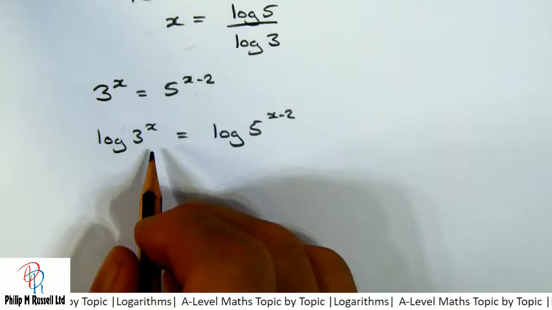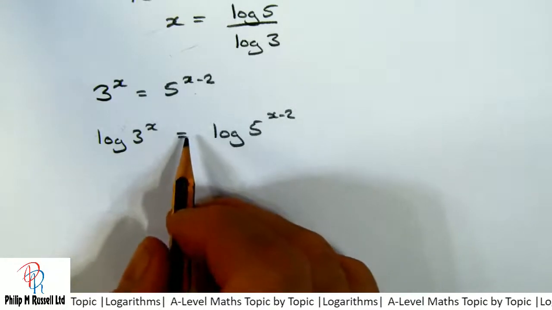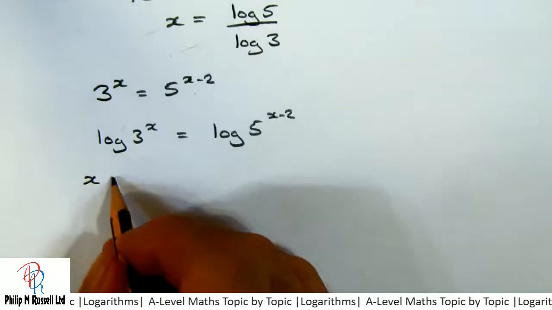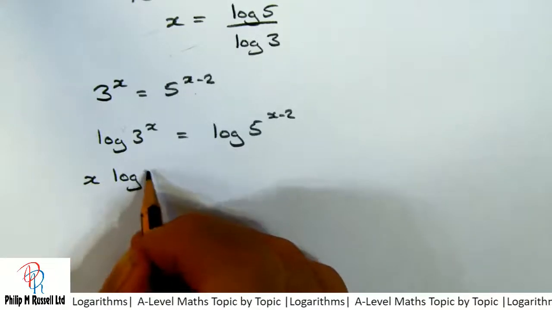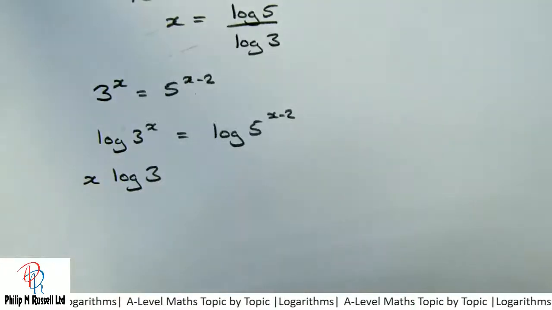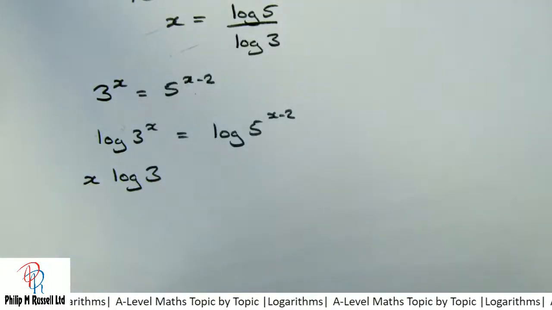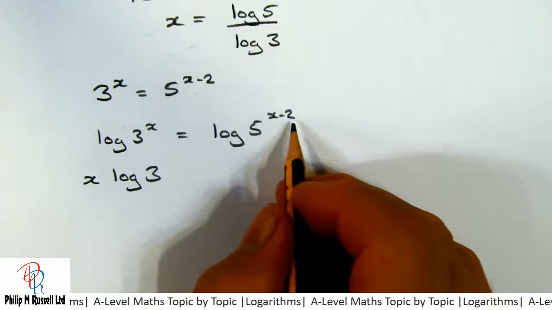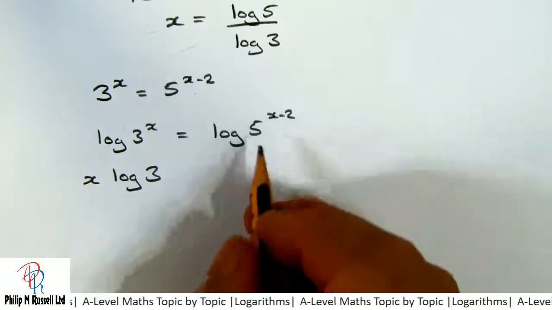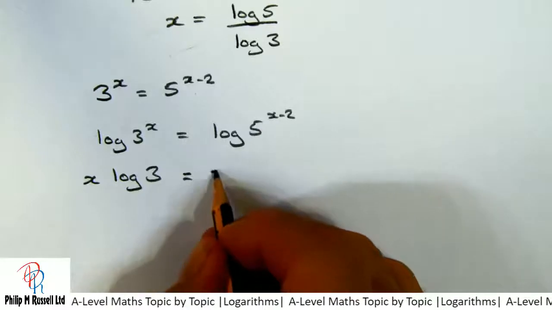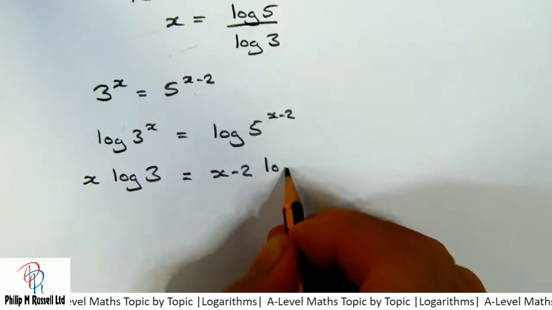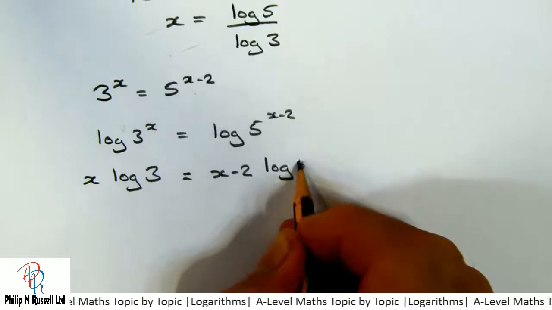Now, using the rules of logs, I know that that's going to be x times log of 3, and this one is going to be x minus 2 times the log of 5.